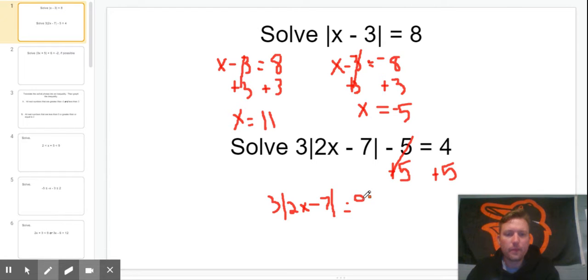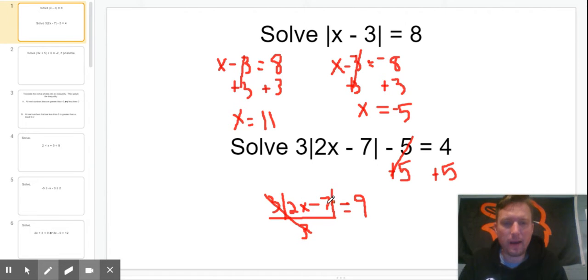Okay, sweet. Now what we're going to do, since it is the absolute value here, is divide both sides by 3 to get rid of it so that we're left with just the absolute value of 2x minus 7.